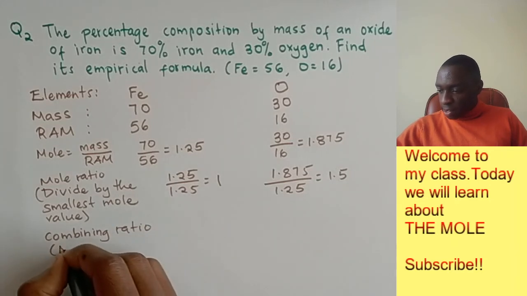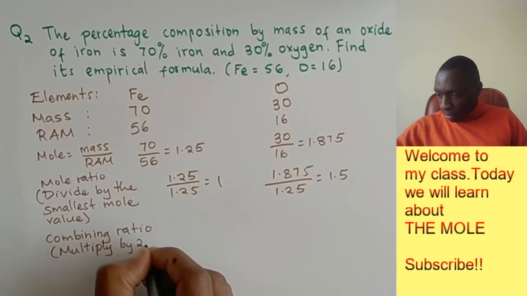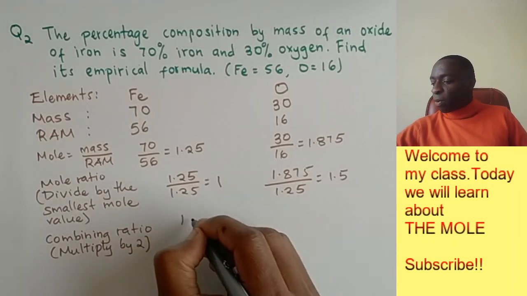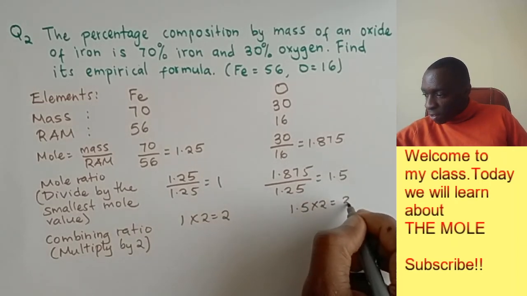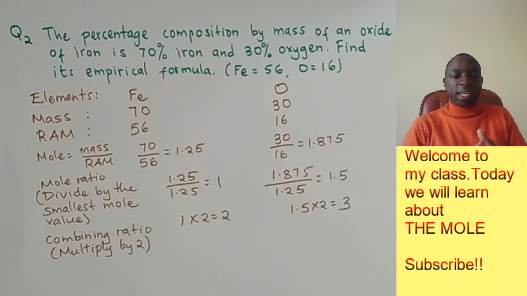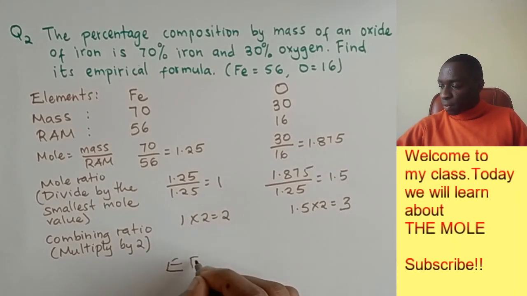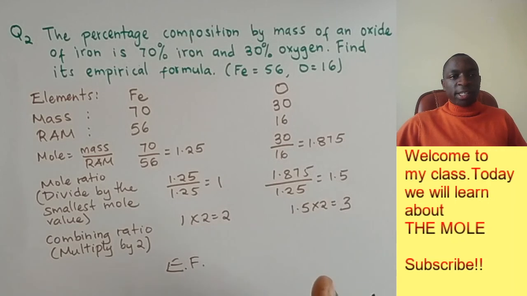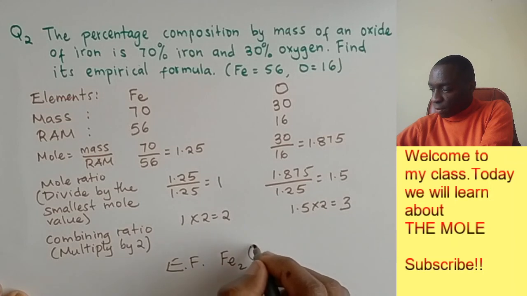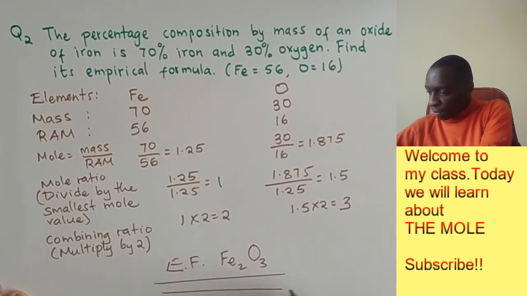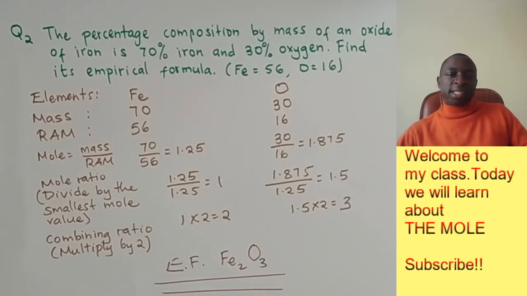So you end up with 1 times 2 is 2, and 1.5 times 2 is 3. So you see now we have eliminated the decimal. So now the empirical formula for this compound is going to be Fe2O3, and as you can see, that is iron(III) oxide. So that is how you calculate empirical formula.